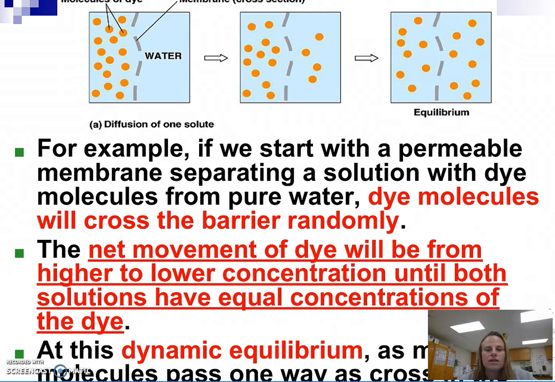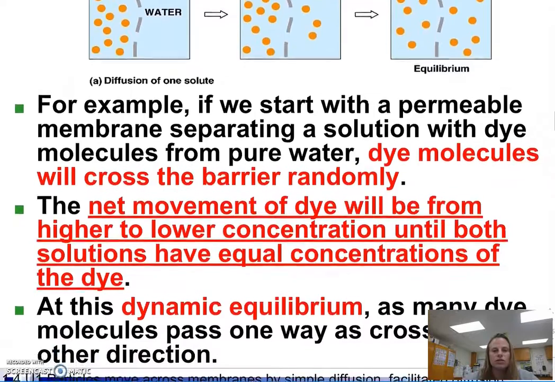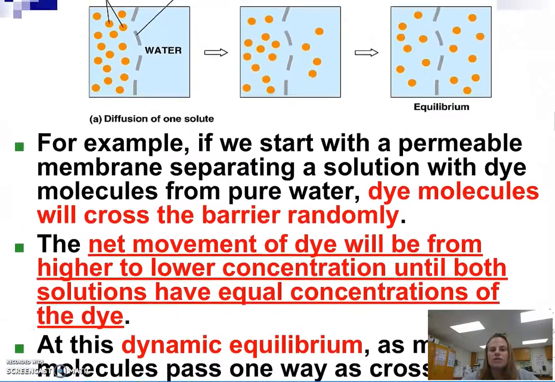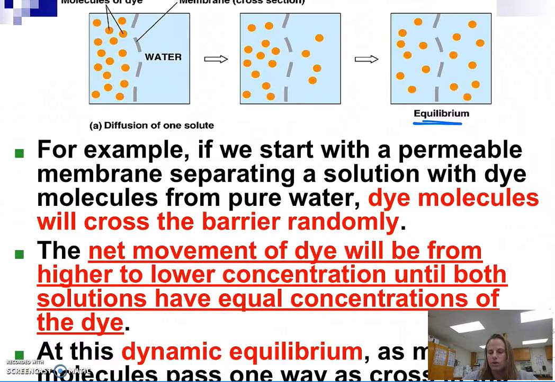So my dye is going to diffuse from the left to the right side of the semi-permeable membrane, where the net movement goes from high concentration into low concentration until I have equal concentrations of the dye on each side, and that's called dynamic equilibrium.